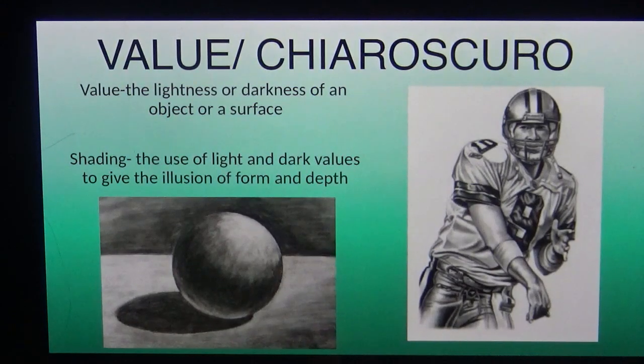So adding shading to a drawing makes it look more realistic, which is the goal for this type of stuff. Okay? I'll make sure to share this for you guys so that if you need more time writing these definitions, you can look back at the presentation.